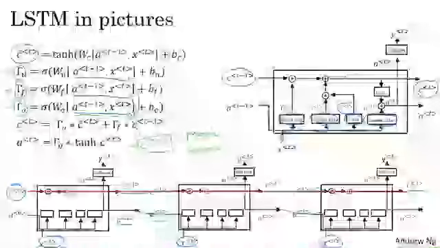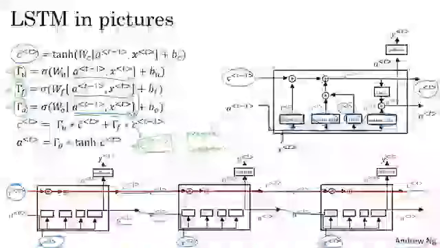So that relationship is 1-to-1, where not every element of the 100-dimensional Ct minus 1 can affect all elements of the gates, but instead, the first element of Ct minus 1 affects the first element of the gates, the second element affects the second element, and so on. But if you ever read a paper and see someone talk about a peephole connection, that's what they mean, that Ct minus 1 is used to affect the gate value as well.